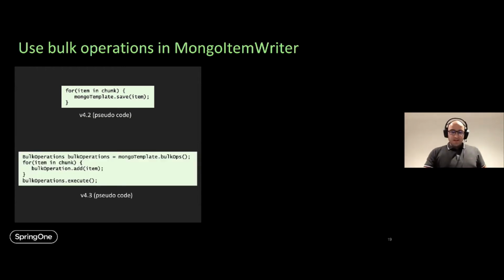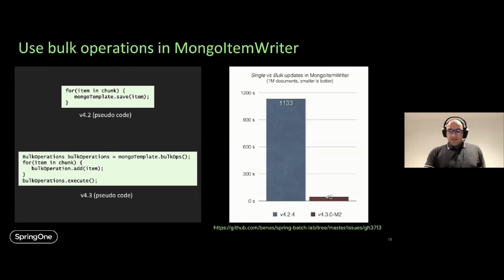And in this release, we changed the implementation of the writer to use the bulk operations API. This is from Spring Data MongoDB. And now we get a bulk operation from the template, add all items to it, and then execute the bulk operation in one shot. So we did a benchmark of this change.